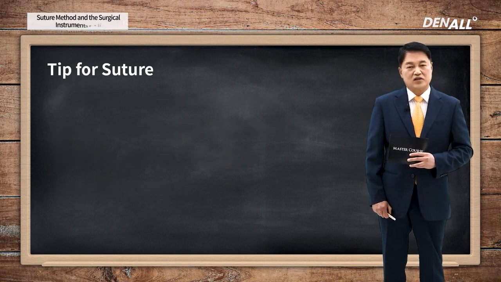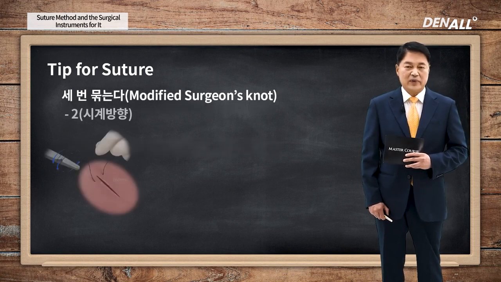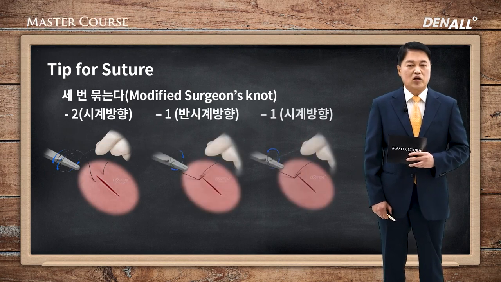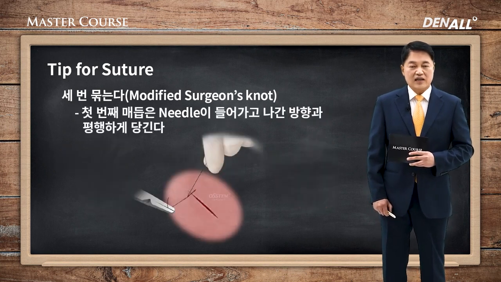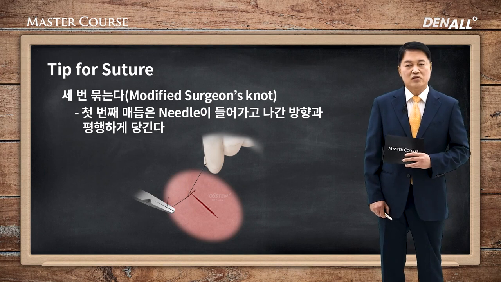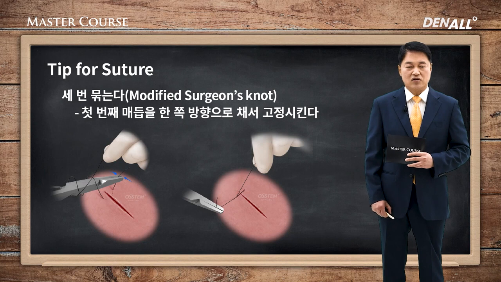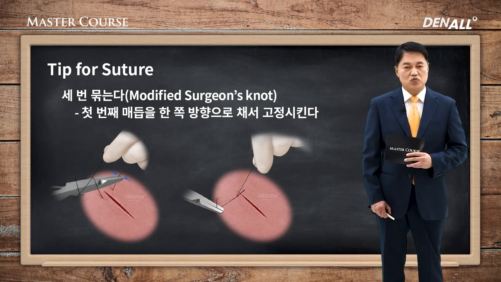And in making the knot, you tie it 3 times, and that is called the modified surgeon's knot. First twice clockwise and once anti-clockwise, and then again clockwise. The first knot needs to be tucked in the direction where the needle went in. I usually tuck it on the buccal side and fix it in place.